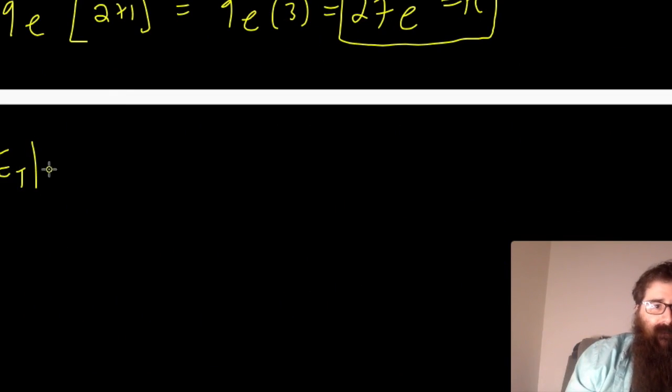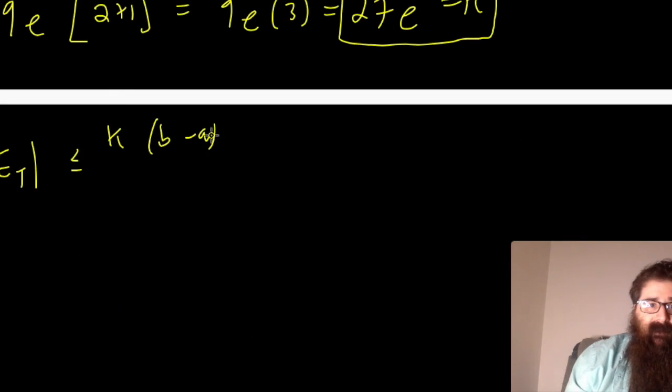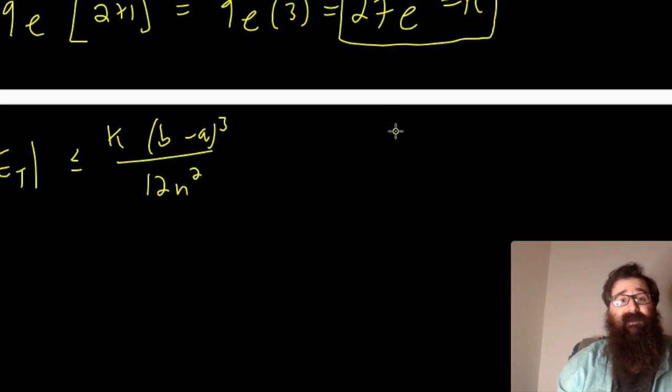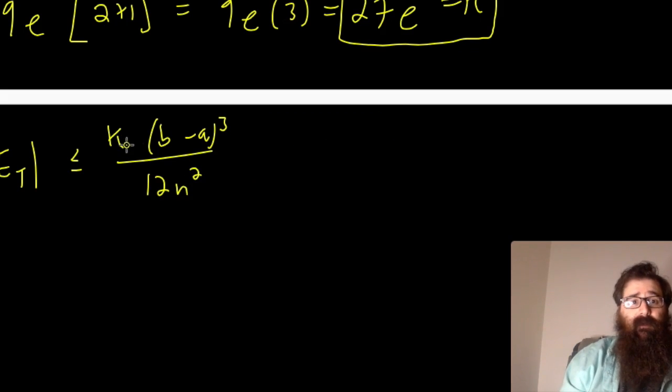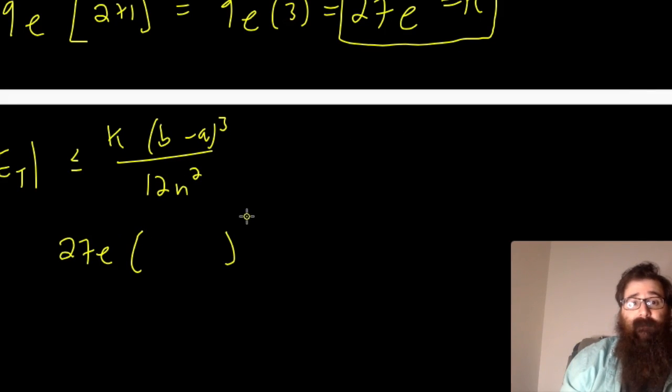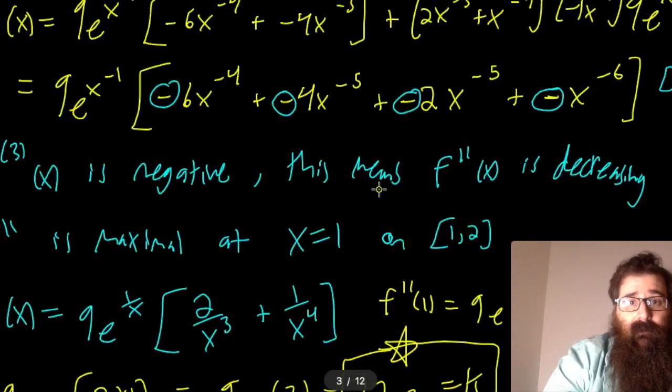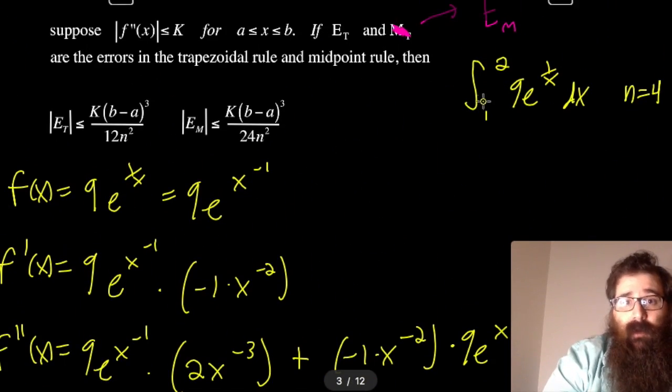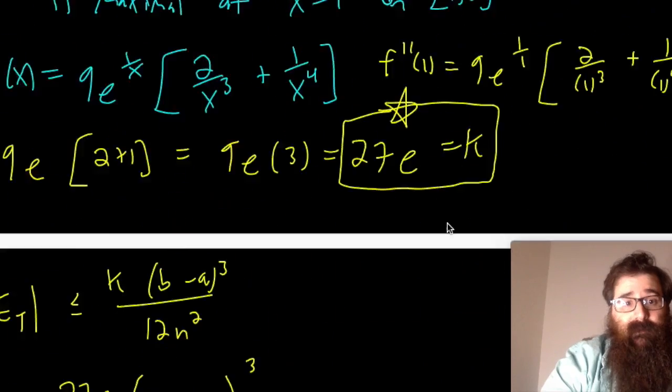The error associated with trapezoidal rule is less than or equal to k times b minus a quantity cubed over 12n squared. I can plug everything in. Here I know that k is 27e. A and b come from the interval that we had, so a is 1 and b is 2, coming from the bounds.